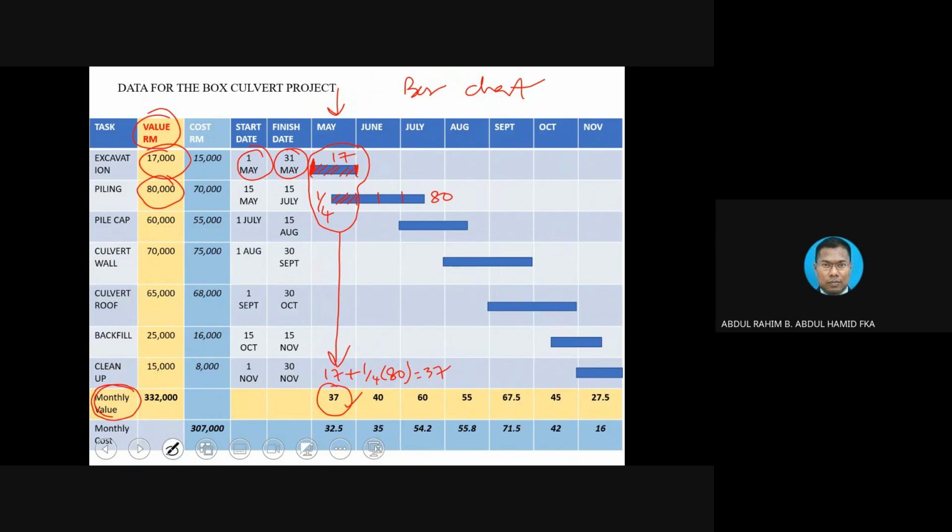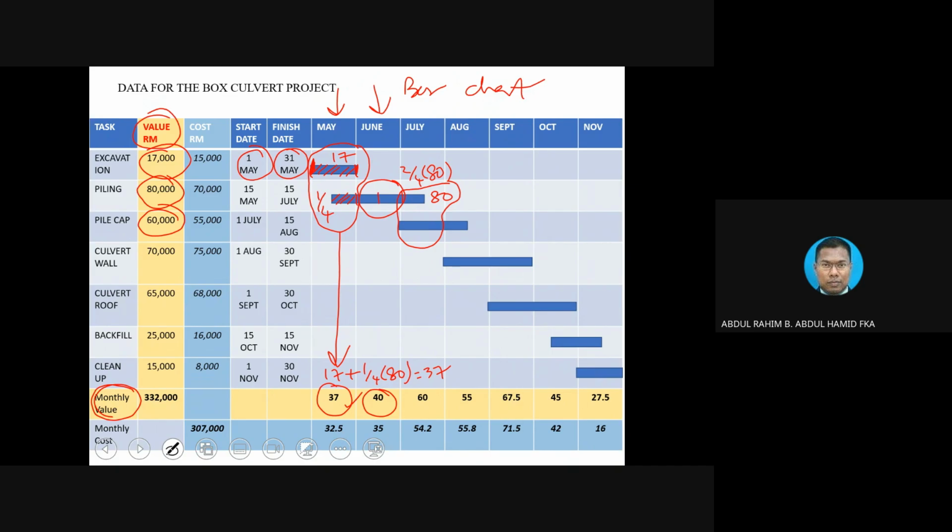So I do that for June. For June is this amount only. It is like 2/4 over 80, so I get 40. And July is like this. So that's why you need to proportion the bar accordingly, because you are going to use this value amount.